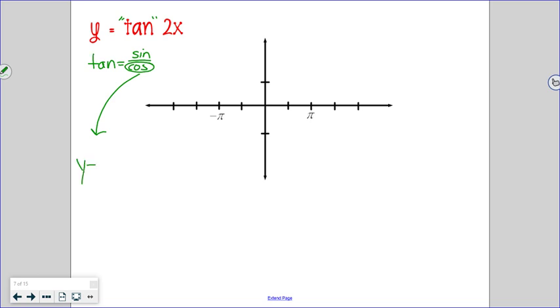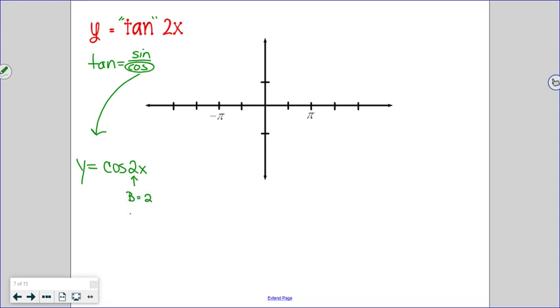So I'm going to rewrite every equation, but plug in either sine or cosine, whichever is the denominator. So you would see me rewrite this as cosine of 2x. And now I just graph cosine of 2x, like I've been doing for the last week and a half, right? So that is no different. It has one transformation in it, a b value of 2.